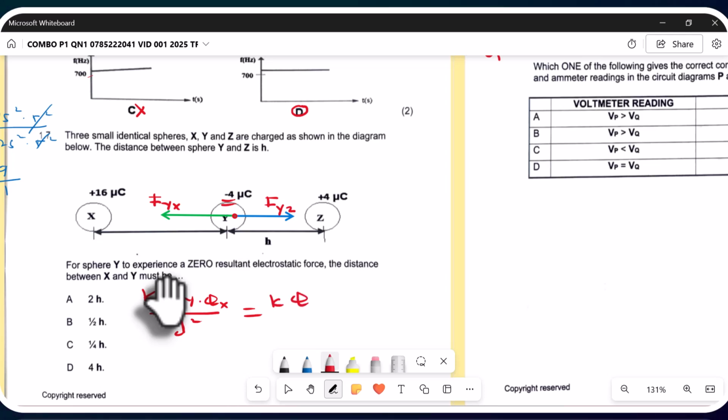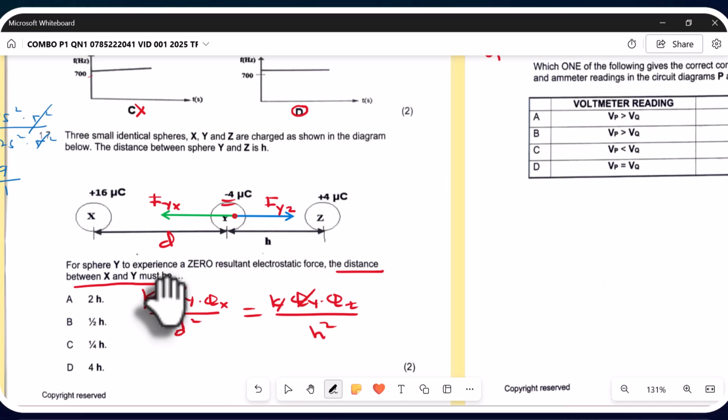So I have the charge on X, which is 16 microcoulombs, that's 10 power negative 6, divided by the distance d squared, should equal the charge on Z, which is 4 microcoulombs, times 10 power negative 6 as well, divided by h squared.